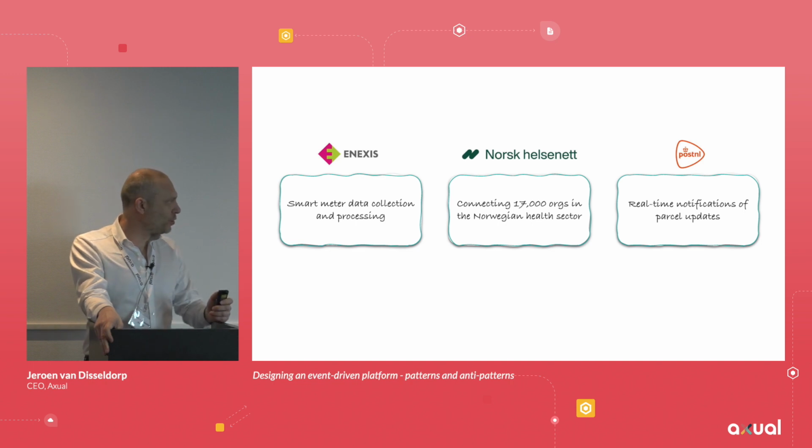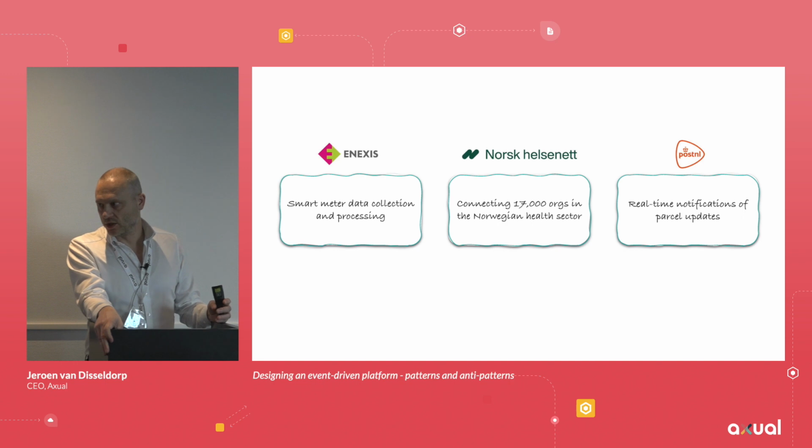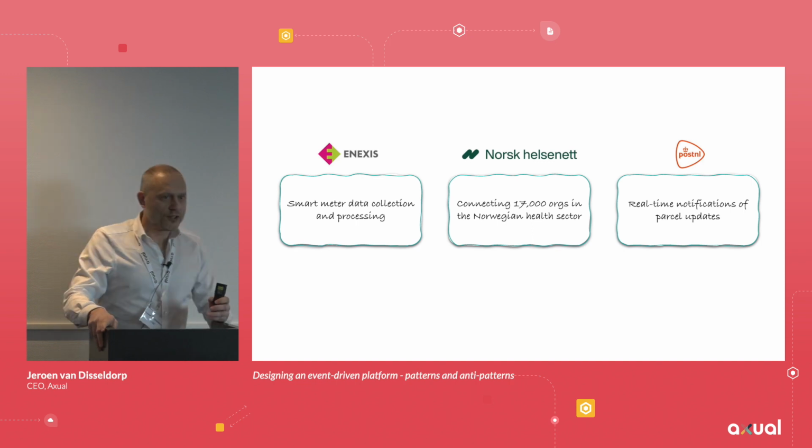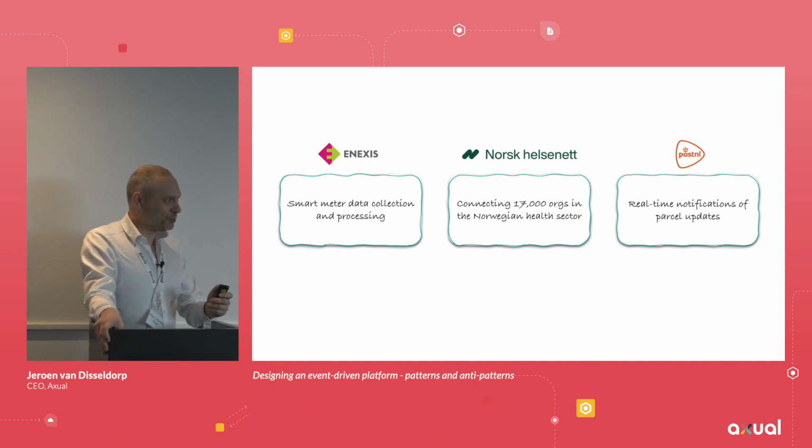So they're going to exchange all information on a Kafka platform. And last but not least, we're in the works of creating a new notification system for PostNL. So anytime soon, when you order something from bol.com, know that the alert that you get is something that was processed through the Axual platform.